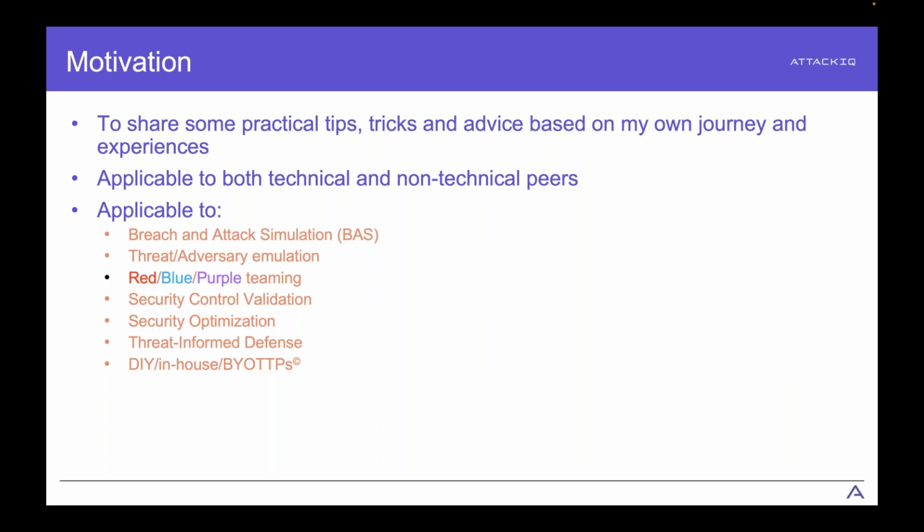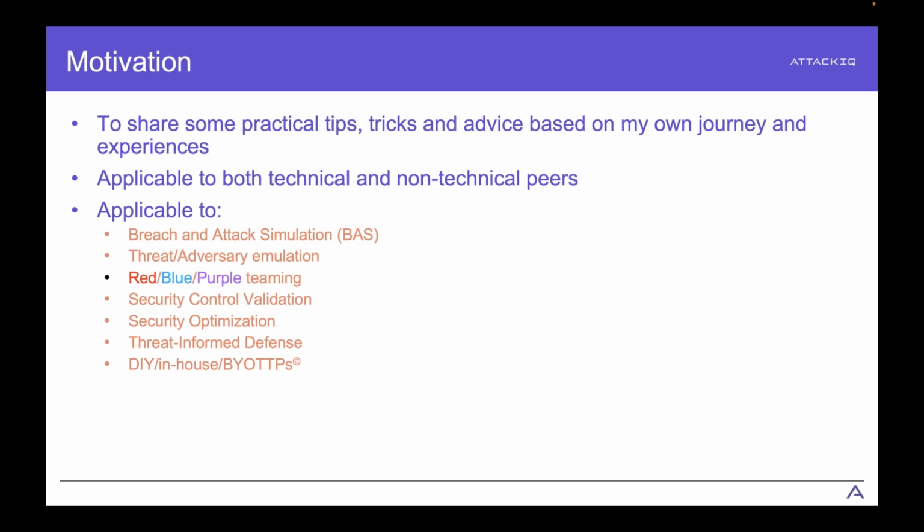This talk really is based on my own journey since I've been with Attack IQ, talking to these global enterprise organizations, assisting them with trying to implement breach and attack simulation, the Attack IQ platform, and actually put things into practice like the buzzwords that I've mentioned: adversary emulation, purple teaming, and so on.